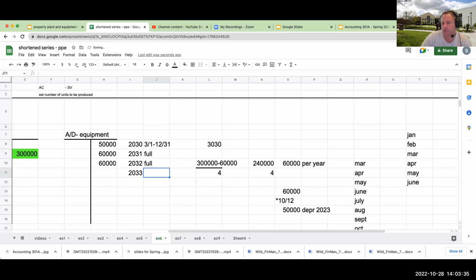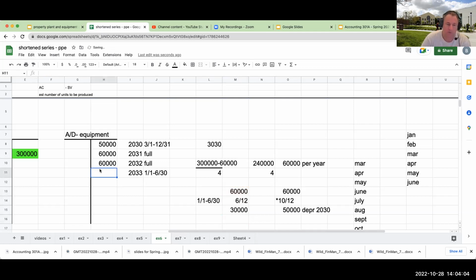This is also a full year, but this is from January 1st through June 30th, or for 6 months. So over here, this would be 6/12, or from 1/1 through 6/30.